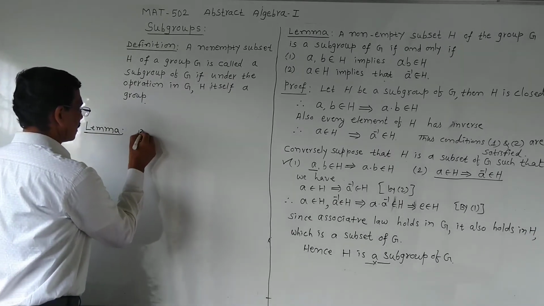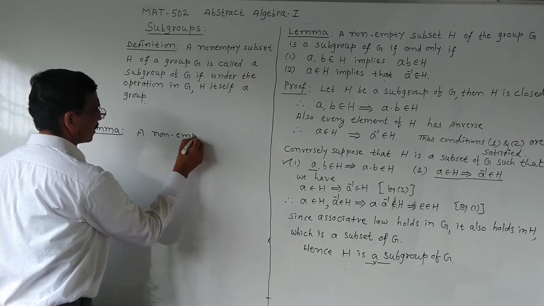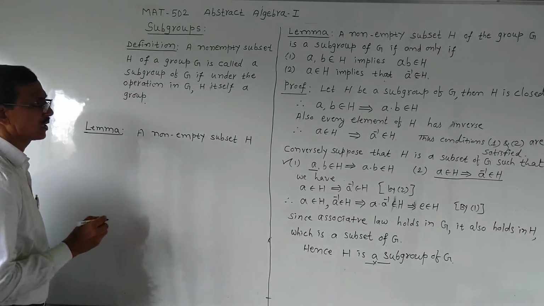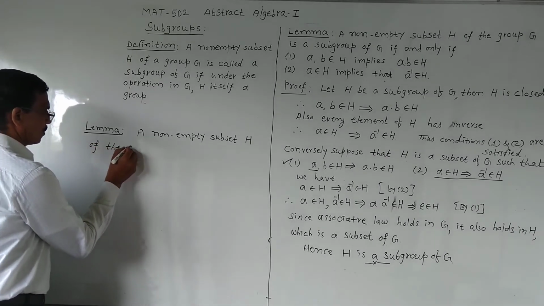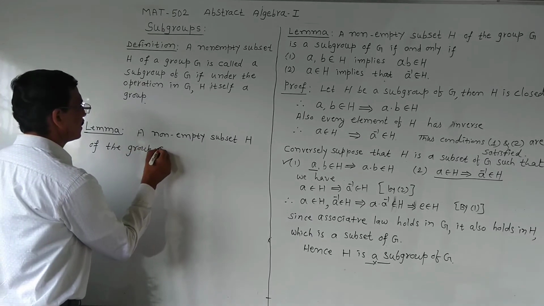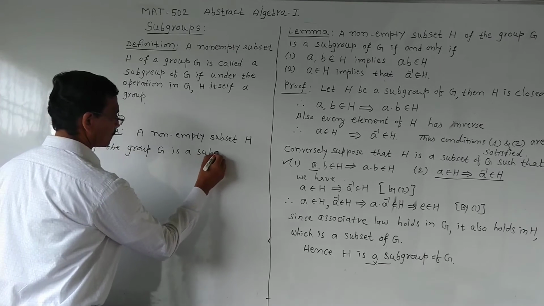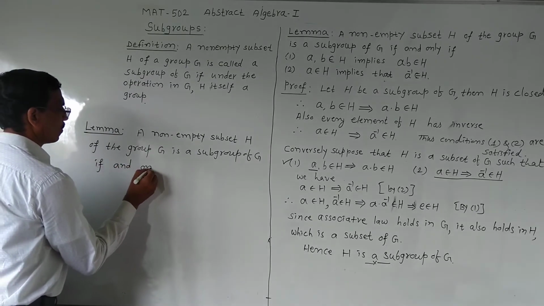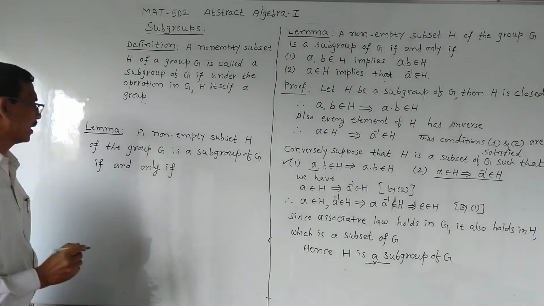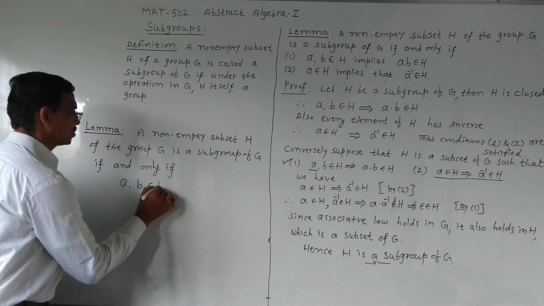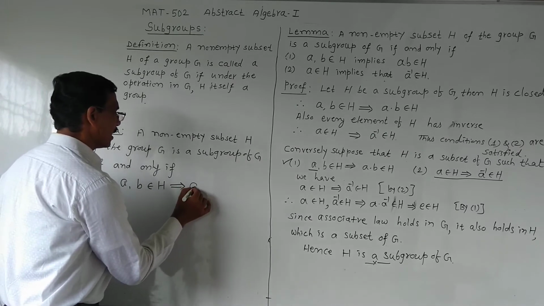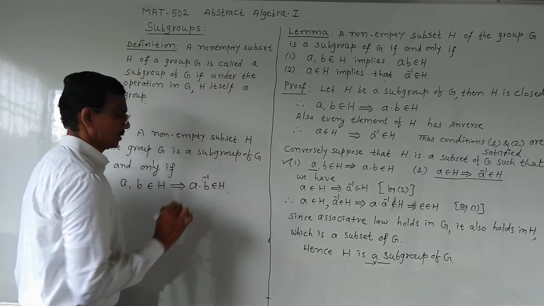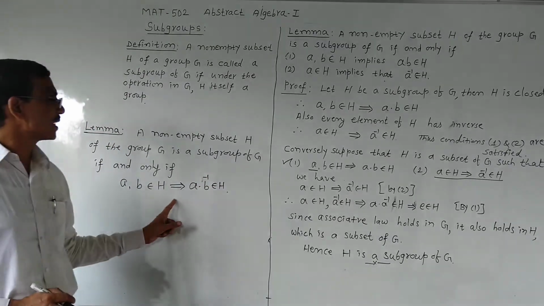A non-empty subset H of the group G is a subgroup of G if and only if A, B belongs to H implies A dot B inverse belongs to H. Now this is a special case of the previous lemma.